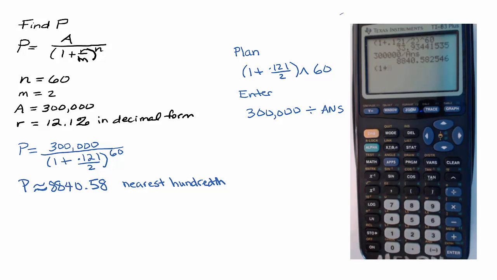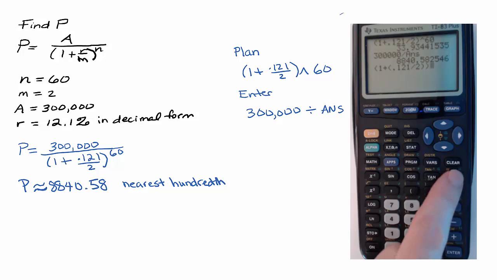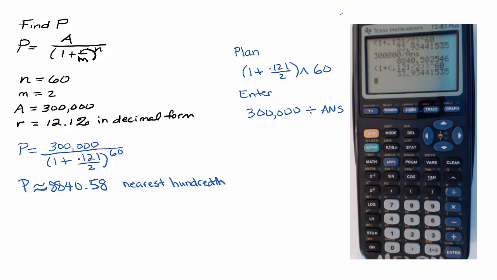Now I want to point something out here. The denominator could have also been entered with an extra set of parentheses around the 0.121 divided by 2, just to emphasize that the division needs to be performed first. And sometimes I do this just to check to make sure my calculator is following the correct order of operations, since calculators do vary.